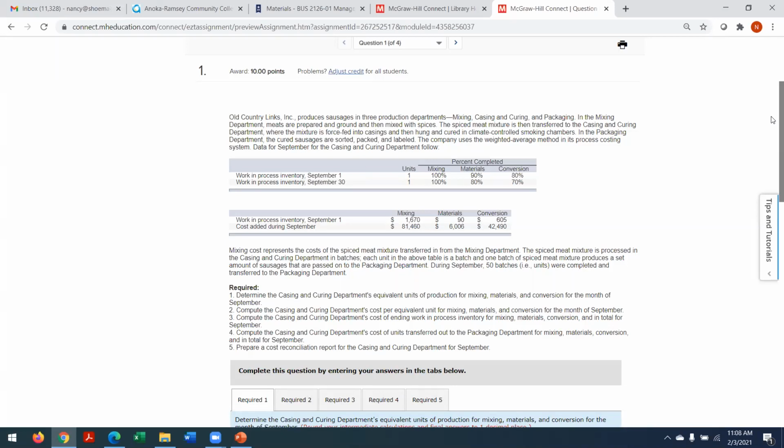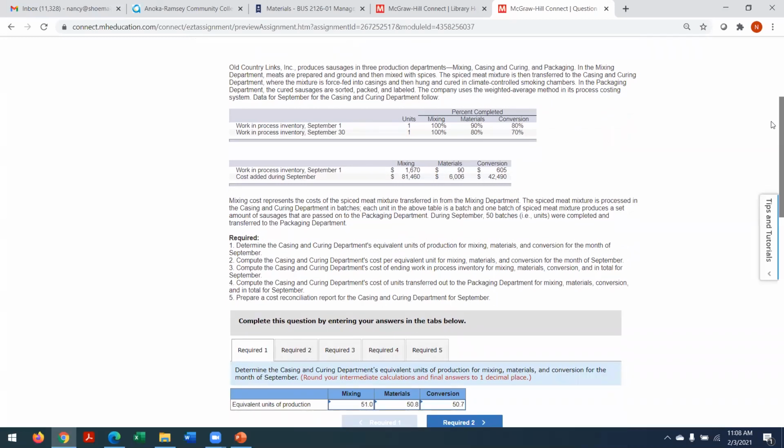Data for September for the casing and curing department is as follows. So we see the beginning of the period, the percentage completed: mixing 100%, materials 90, conversion 80, and then we see it at the end of the period.